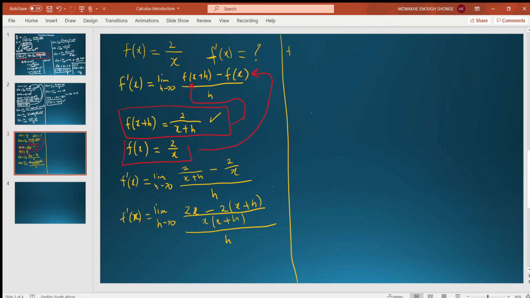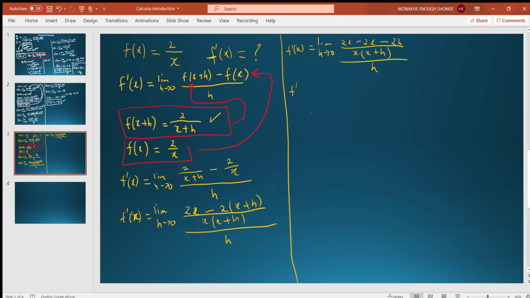Then you say f prime of x equals the limit as h tends to 0 of 2x minus 2x minus 2h, all over x into x plus h, all over h.